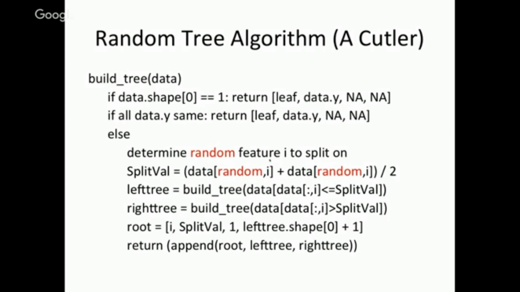Now, I want to mention something about this randomness. There's several different ways that you can cause this forest to be random. One of them is each tree is computed with these random numbers here. Another is that the data that you construct the tree from could be selected randomly.